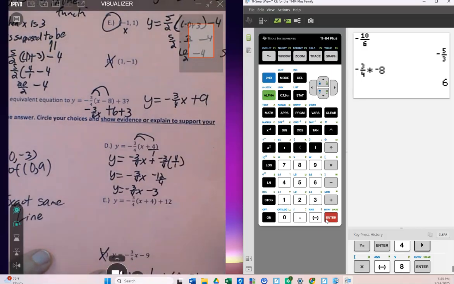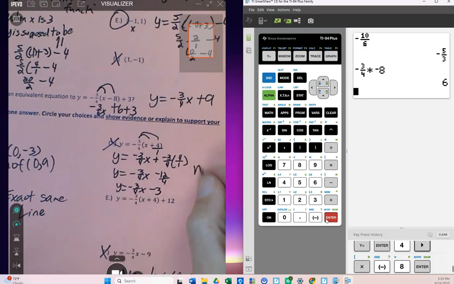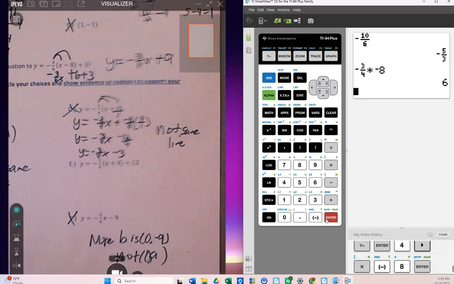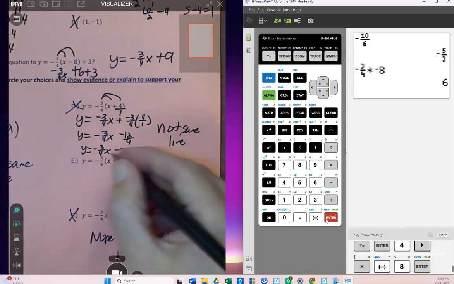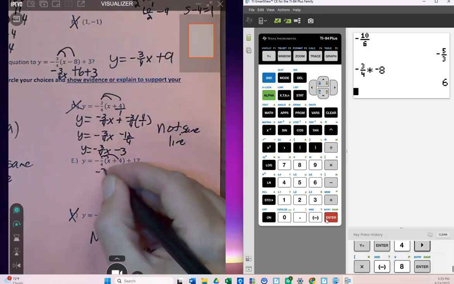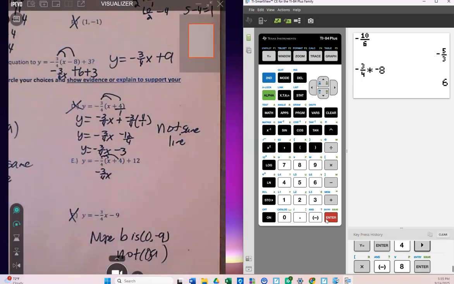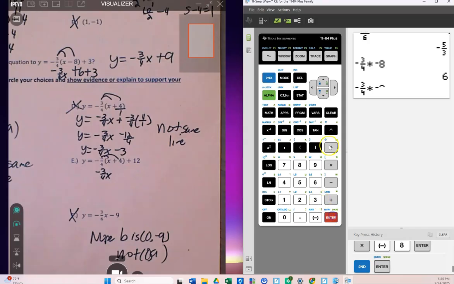Okay, you could have said not same line. It didn't simplify. It's got a different y-intercept. Okay, let's go calculator on this simplification. I'm going to press second enter. Go back, change that to a 4. I'm going to delete that negative.